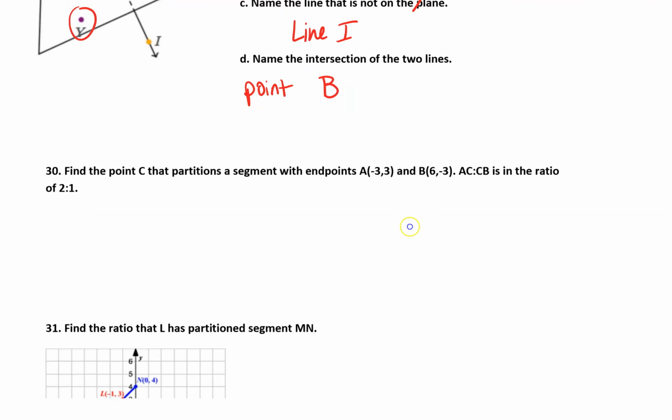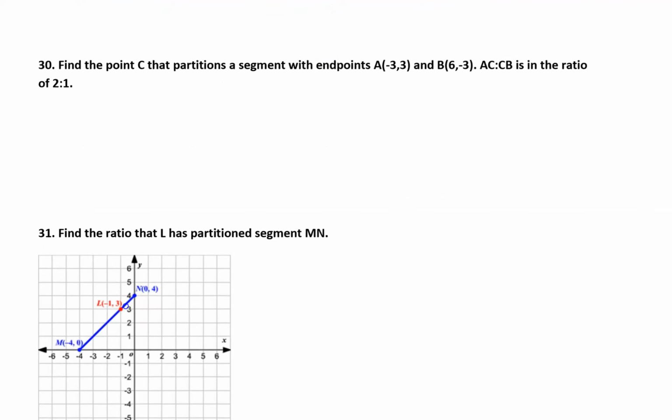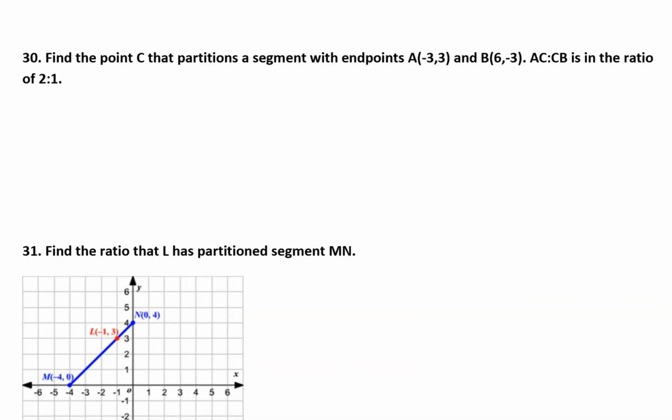Okay, so partitioning, this is where it gets a little sticky. C partitions a segment with endpoints, so let's just draw it out. Now, it's always a good idea to do these problems on graph paper, because then you might even just see the point, and you might could just count it on the graph.